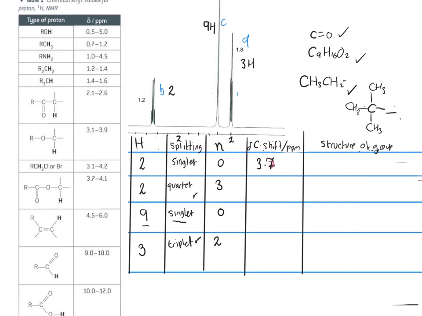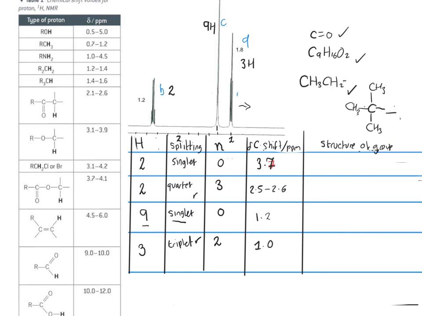B has a chemical shift of around 2.5 to about 2.6. It's hard to tell. If we now look at C, that is roughly about 1.2.